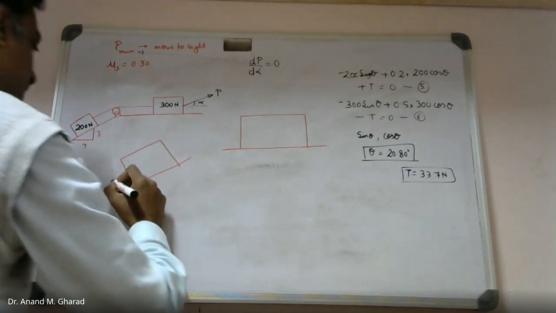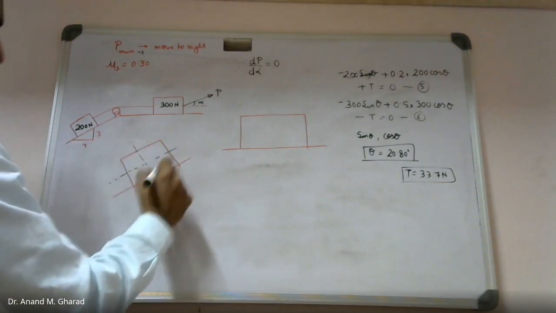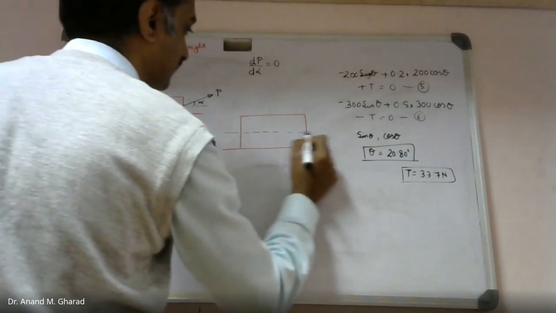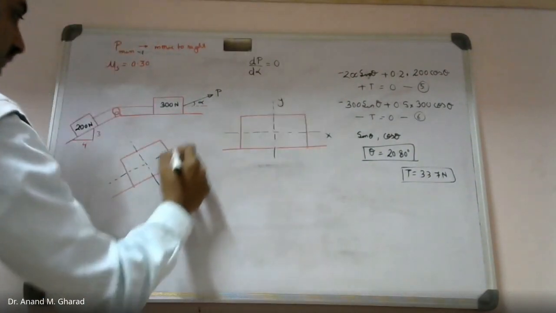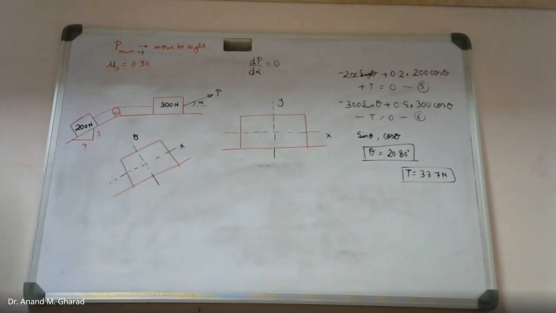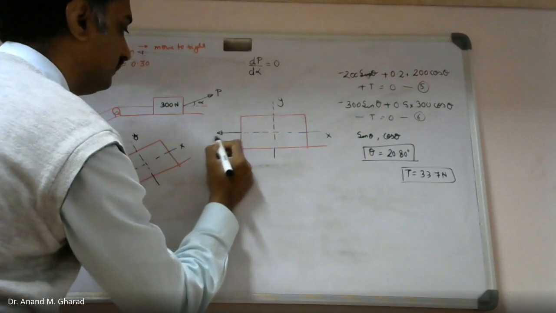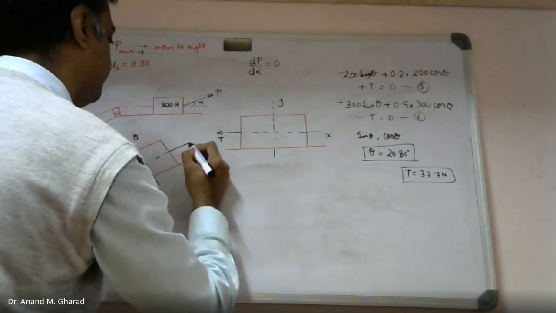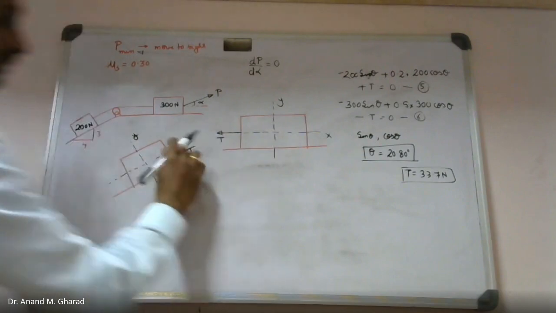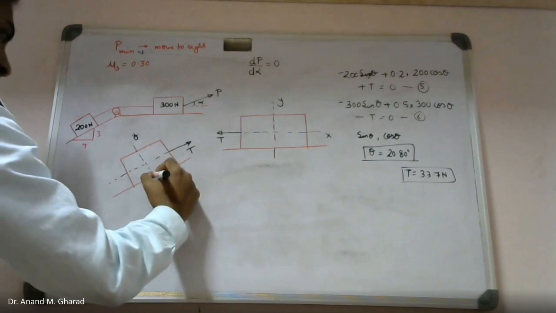Let me consider this to be x and y axis, and this to be x and y axis. And this string will consist of tension force. Let it be capital T, and this will be constant throughout. Why? Because this pulley is frictionless, right?